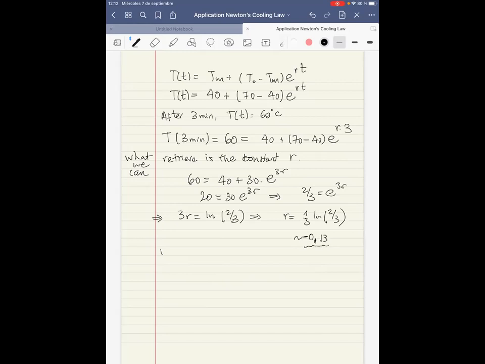So R is negative. What does this mean? It means that our body is cooling. Isn't that what's happening? Because we said that our body at the initial time was at 70, and now we have reached 60 degrees after 3 minutes.